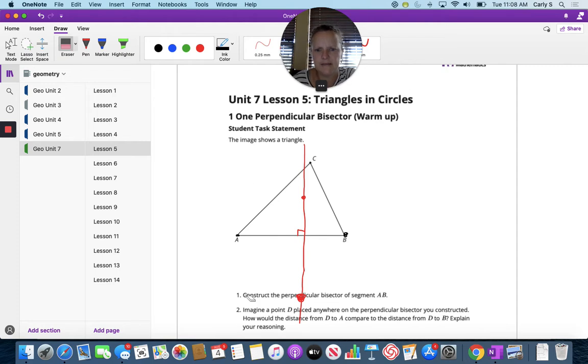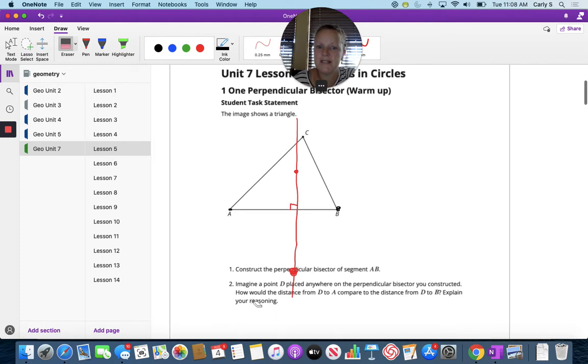So we got that. Now, imagine a point D placed anywhere on the perpendicular bisector you constructed. How would the distance from D to A compare to the distance from D to B? They should be equal. Any point on the perpendicular bisector is equidistant from the endpoints of the segment we bisected.